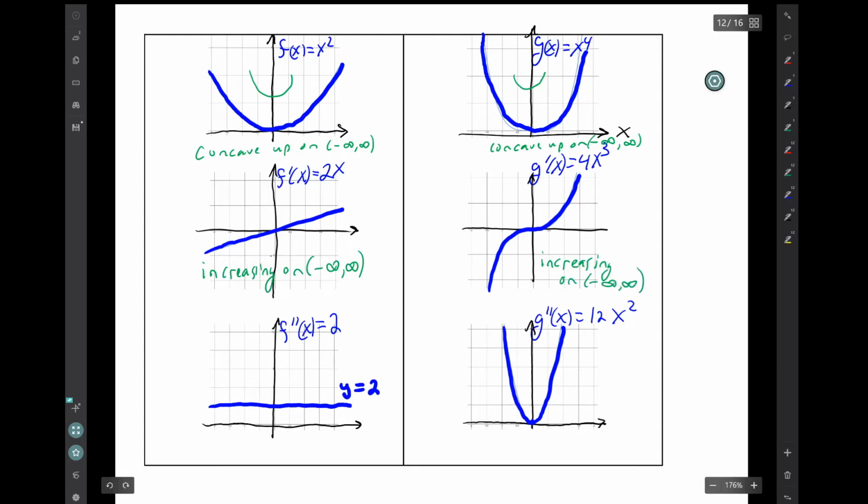Now notice that f double prime is positive for all x values. But g double prime is only positive on the interval negative infinity comma 0 and the interval 0 comma infinity, because right at x equals 0, g double prime equals 0.